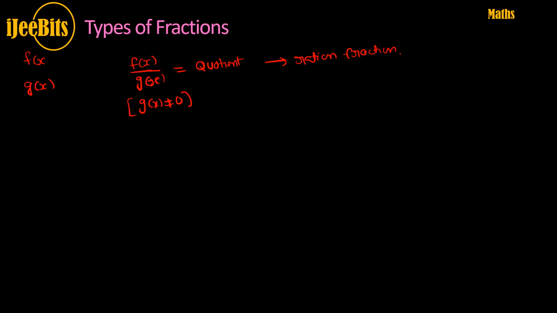And one more thing we have to understand. If the degree of f of x is less than the degree of g of x, then this rational fraction is called a proper fraction.